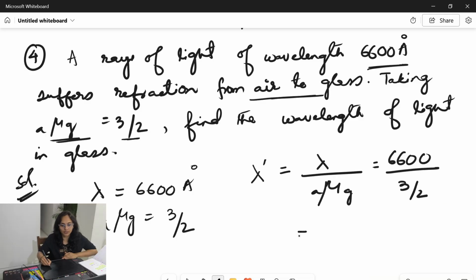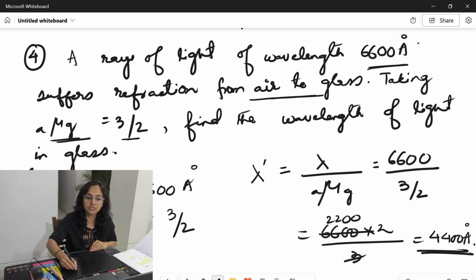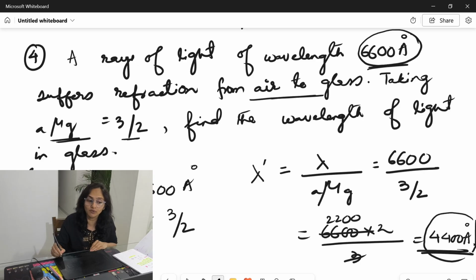We can just calculate it now. 6600 into 2 upon 3 will give us 4400 angstrom, and this is our answer. When the ray of light is traveling from air to glass, in air its wavelength was 6600 angstrom, and in glass we calculated the wavelength as 4400 angstrom, and this is what we were supposed to calculate, the wavelength of light in glass, right?